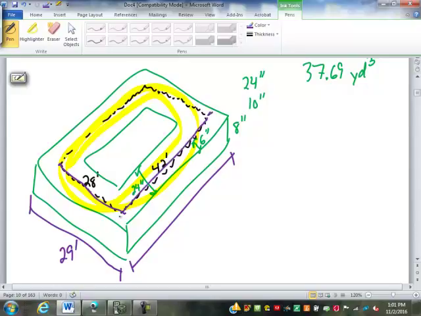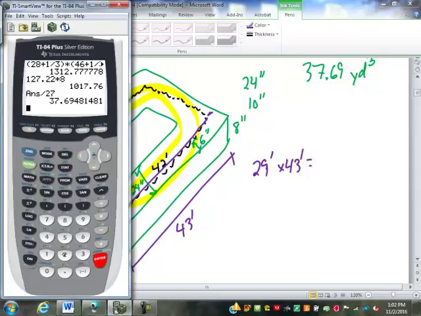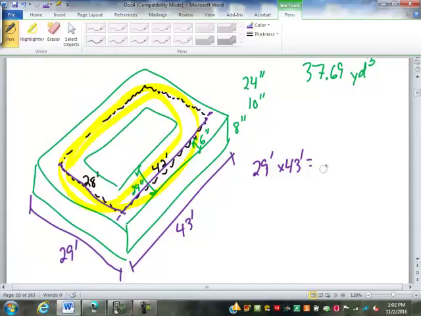We added 6 inches on each end, so that is 43 feet. So that's 29 feet by 43 feet, which gives us an outside area of 1247 square feet. Is that what you had?